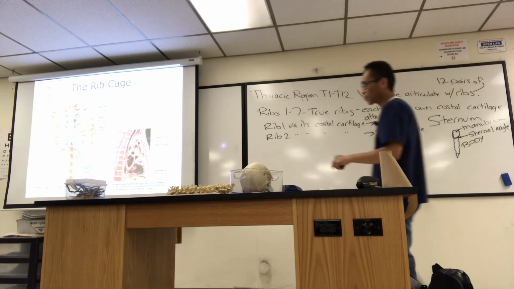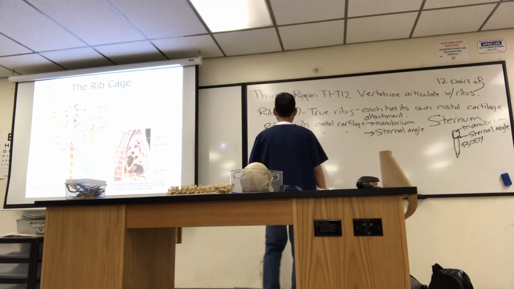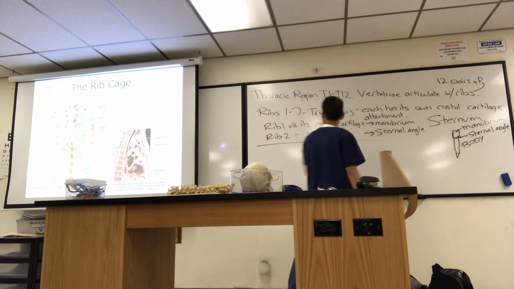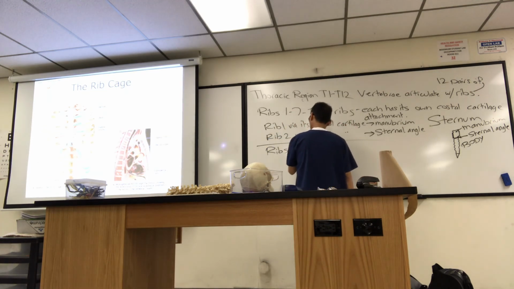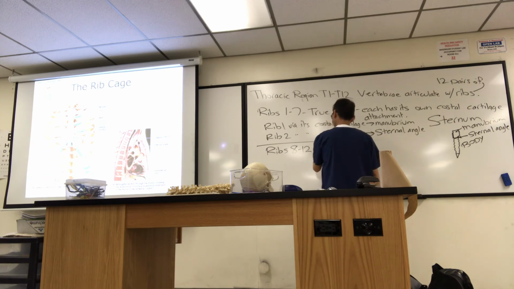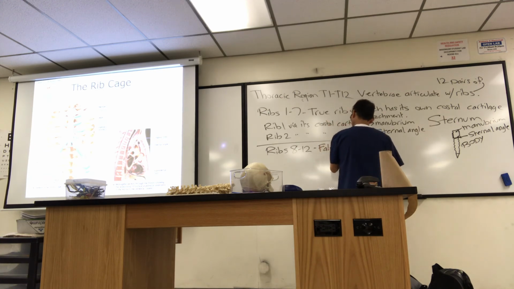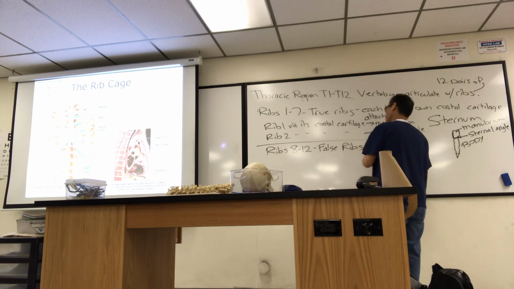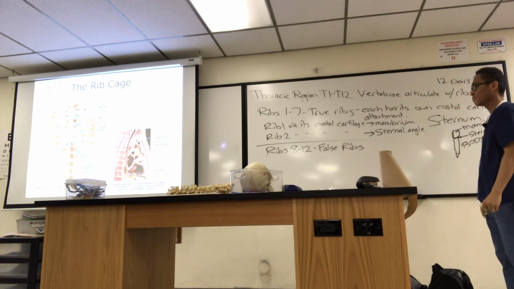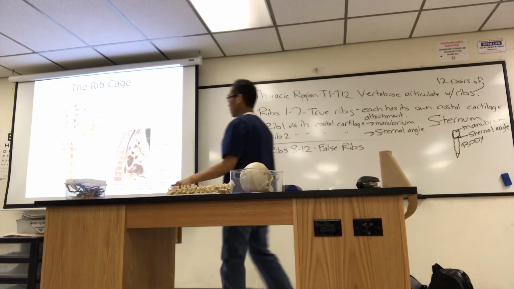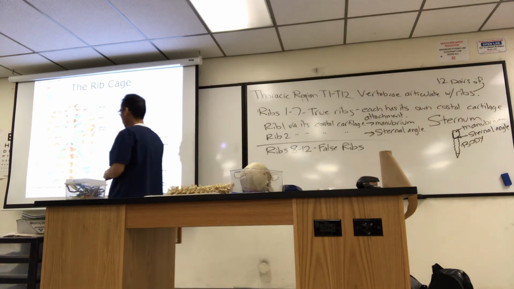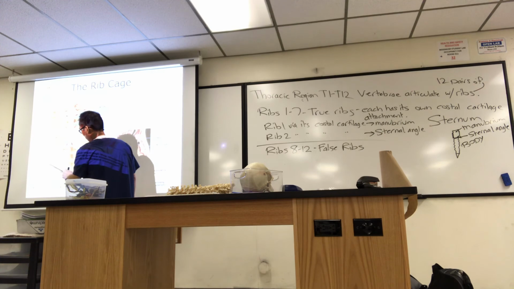It says that right there. Ribs 8 to 12, false ribs. Look at ribs 8 through 10. Here's 8, 9, and 10.